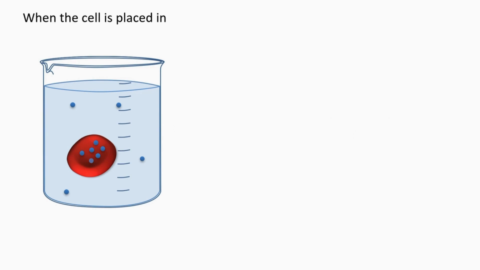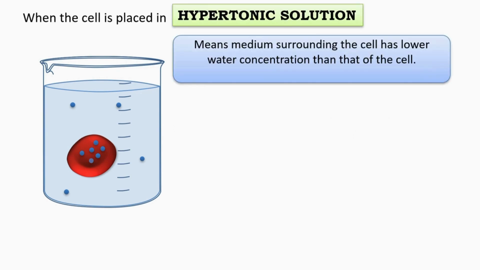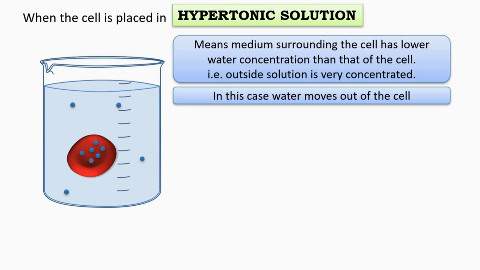When the cell is placed in hypertonic solution, means medium surrounding the cell has lower water concentration than that of the cell, that is outside solution is very concentrated. In this case, water moves out of the cell.